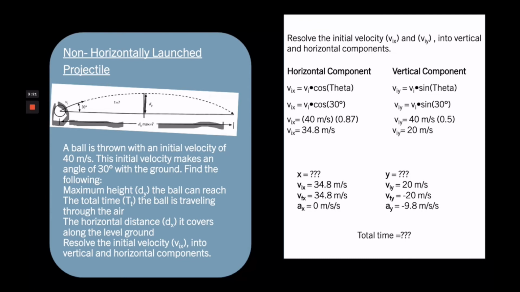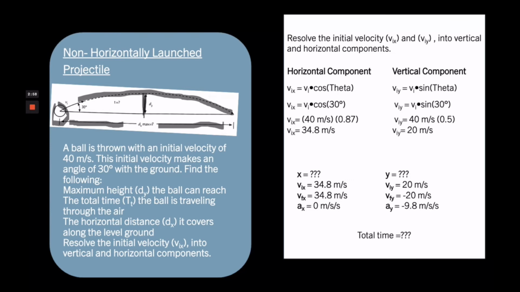And for the ball, once it is launched at a 30 degree angle, from the time it is released until it goes to the ground, this is what we call the total time.